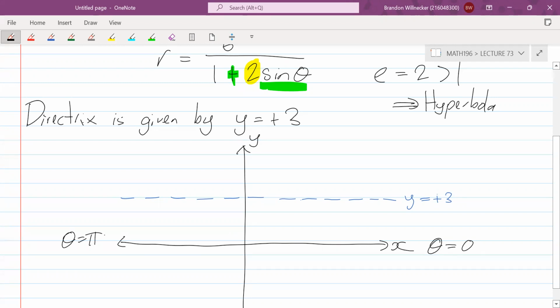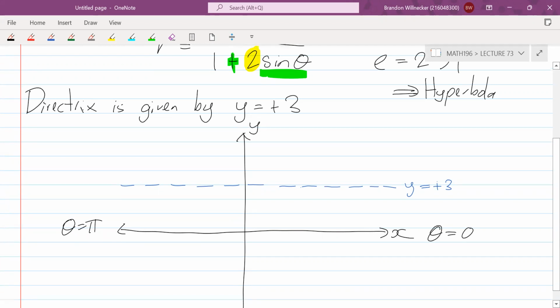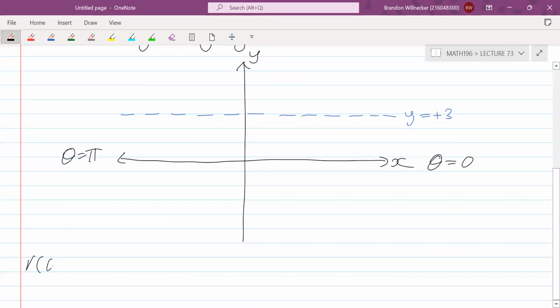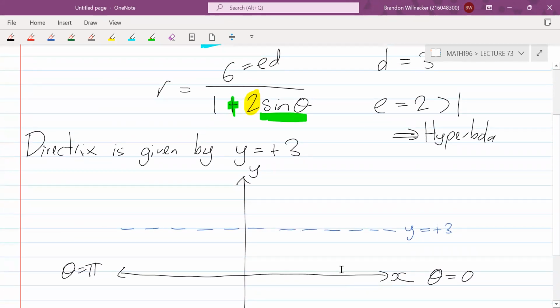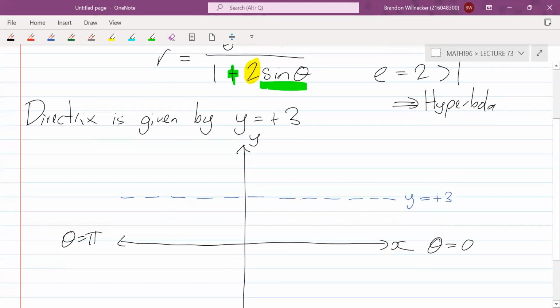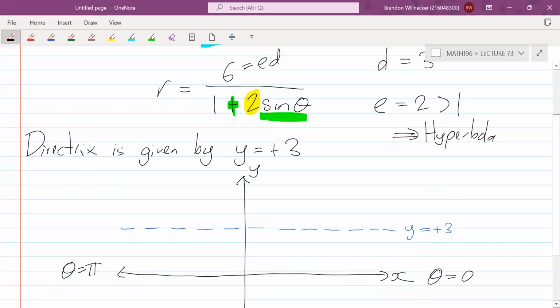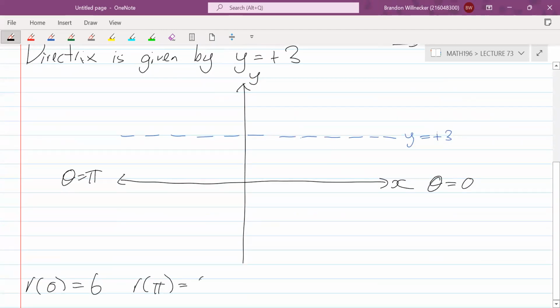That's going to give us the two x-intercepts. So r of 0 is going to be 6 over 1 plus 0, so that's just going to be 6. r of pi, that's going to be 6 over 1 plus 0 again, so that's going to be 6.